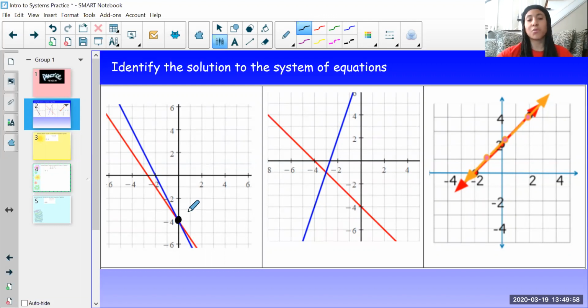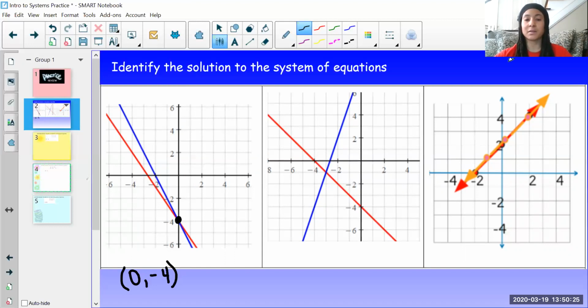For those of us that don't remember how to identify ordered pairs, remember we always go along our x-axis first, and then we go along the y. So for this coordinate, my x value is 0, and my y value is -4. So the ordered pair, or the solution to my first system of equations, is (0, -4).